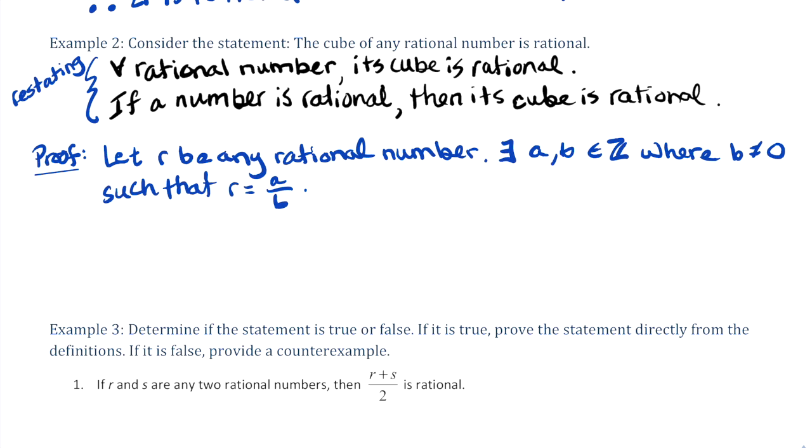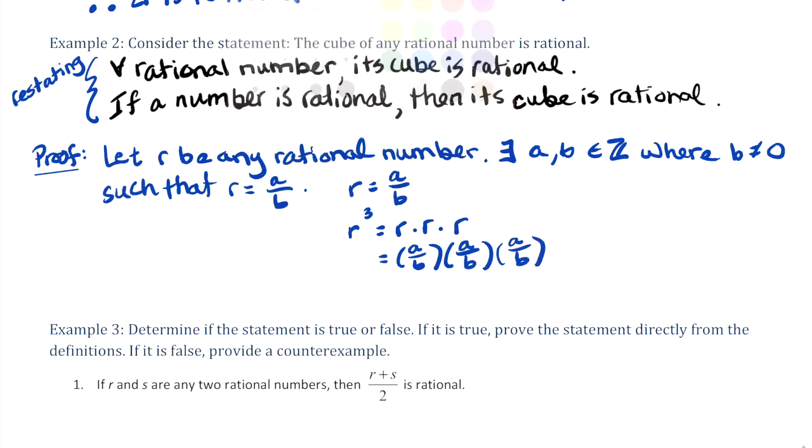So, all right, what do we need to do now? We have our R equals A over B. Well, what is R cubed? R cubed is equal to R times R times R. It's repeated multiplication. So this is going to be A over B times A over B times A over B, by substitution.